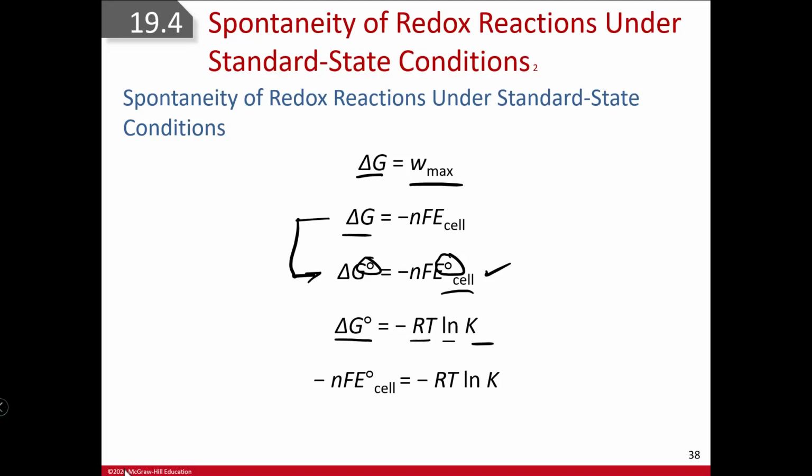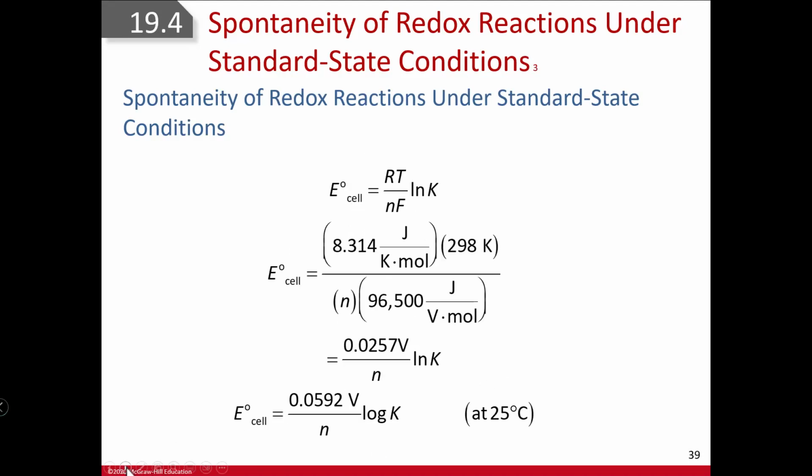So we could substitute in for delta G naught and set that equal to delta G naught equals negative nFE, the cell potential. And so we see the relationship between equilibrium and cell potential.